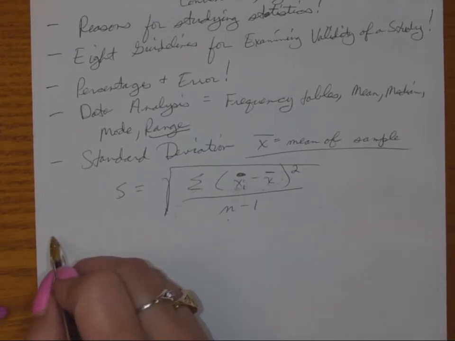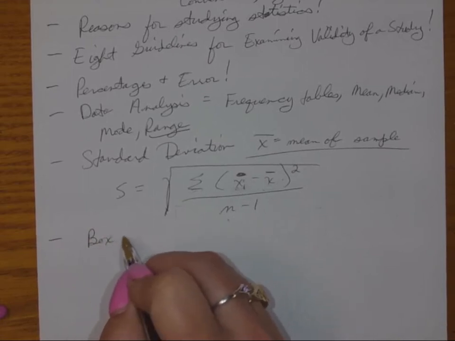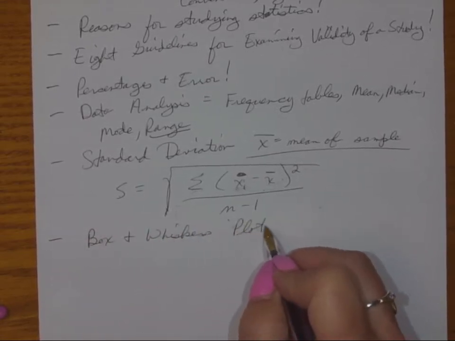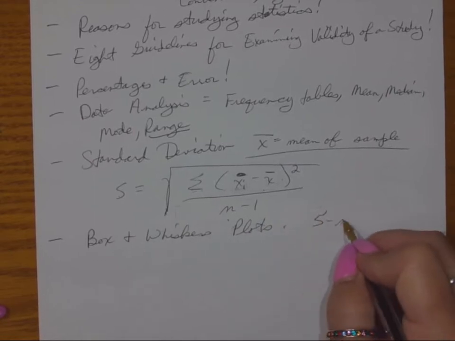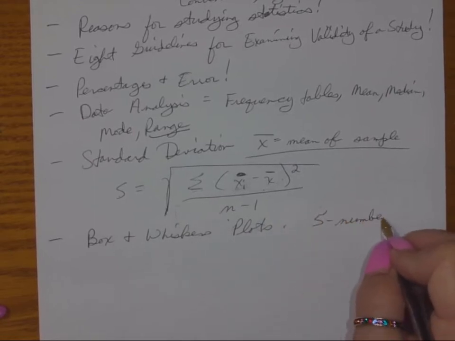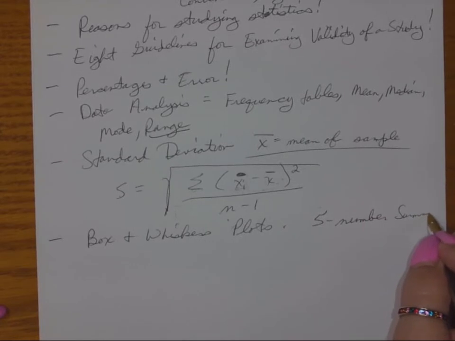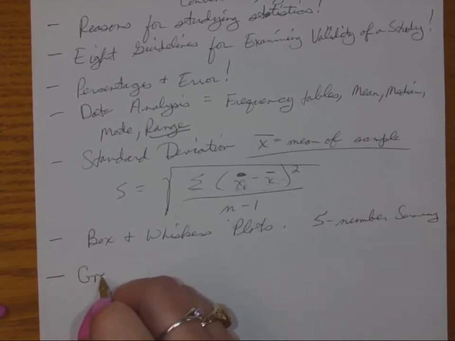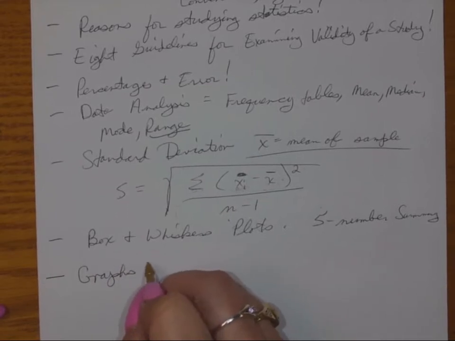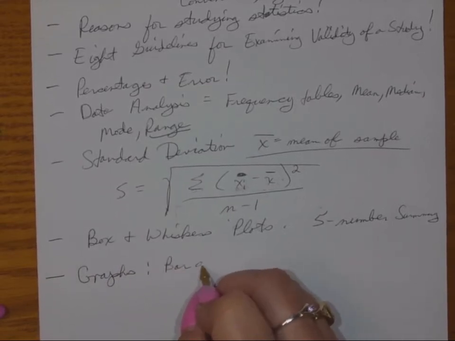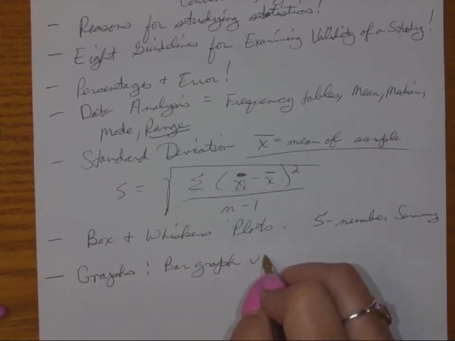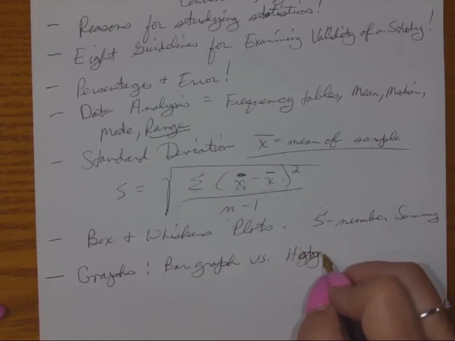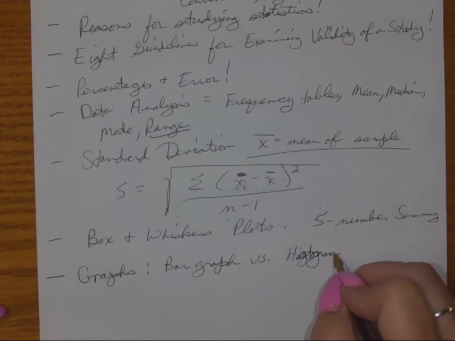The other thing that we do in this area is the box and whiskers plot, the 5-number summary. So being able to find those and use them. There are other graphs in this area. Bar graph, what's the difference between a bar graph versus a histogram? Do you know the difference?